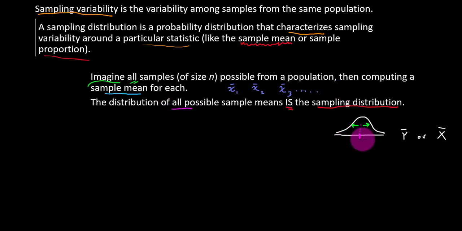If I were to label a few tick marks on here, I can't really use numbers right now, but these tick marks would represent different values of sample means, right? Maybe that's sample mean 18, I don't know. So we could actually talk about, well, what would the center of all these sample means be? Wouldn't the mean or the average of all sample means, we discussed this once, wouldn't it be the population mean?